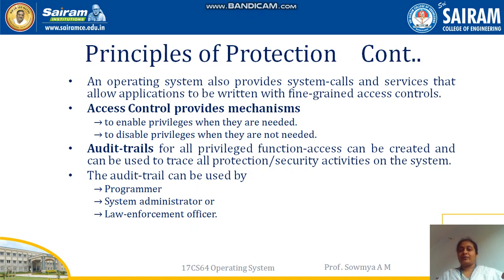The second method is based on audit trails. So provide an audit trail, and based on it provide the privilege for accessing or disable the protection. This audit trail can be used by programmers, system administrators or law enforcement officers.